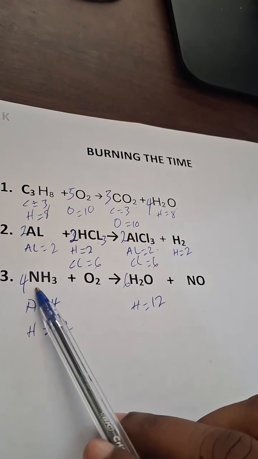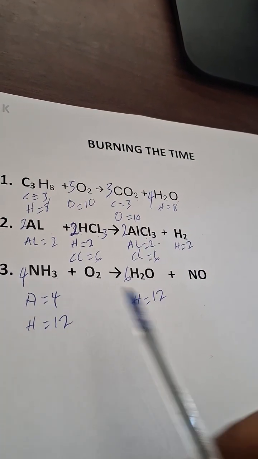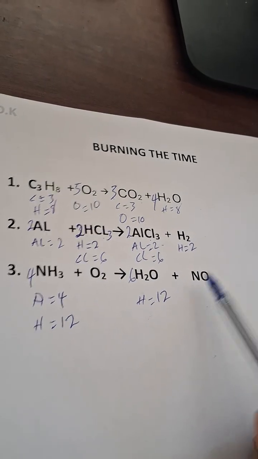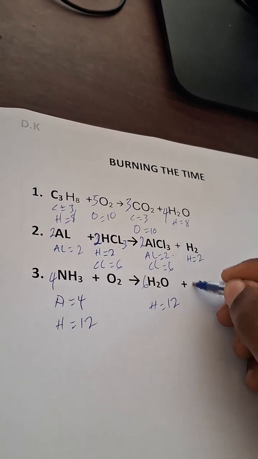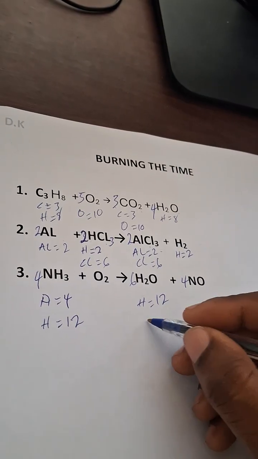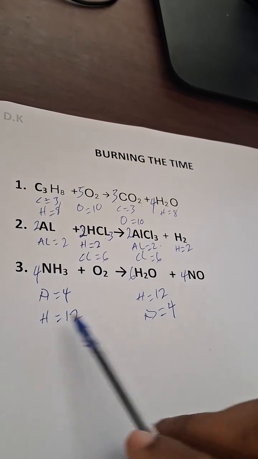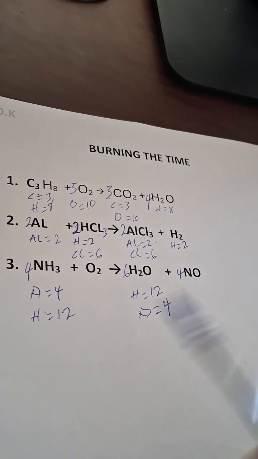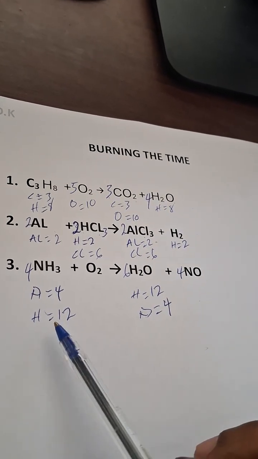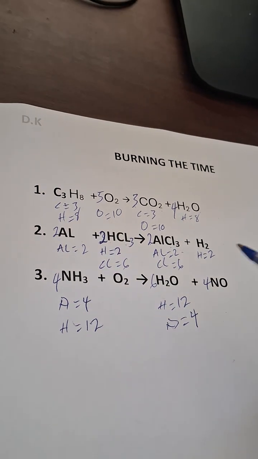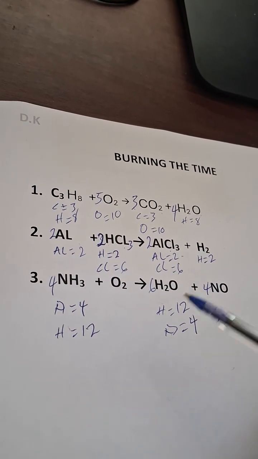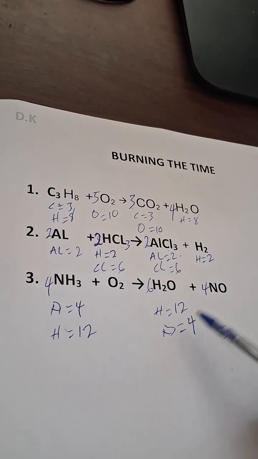Now our nitrogen is 4, is that not so? Then we have to find a way to make this 4. So let's put 4 over here. So we have nitrogen also to be 4. So nitrogen on the left hand side is equal to the right hand side, and hydrogen on the left hand side is equal to hydrogen on the right hand side.